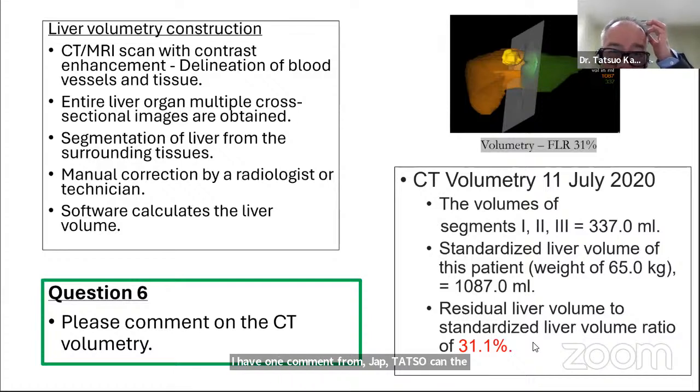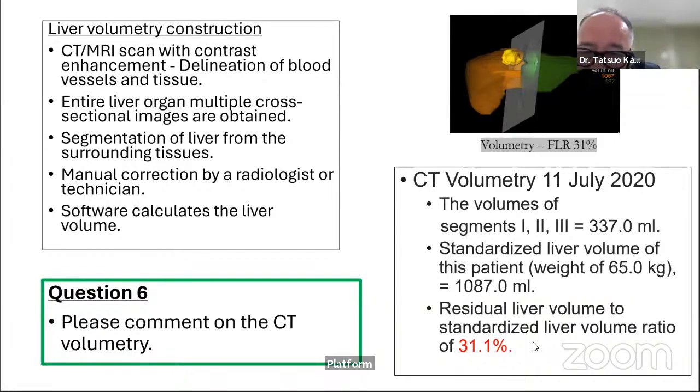Professor, if you want to perform surgery for this tumor, before surgery you may perform embolization of the right portal vein thrombus, and then you can see the left lobe hypertrophy.